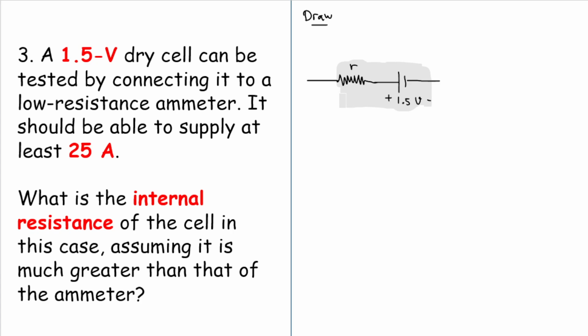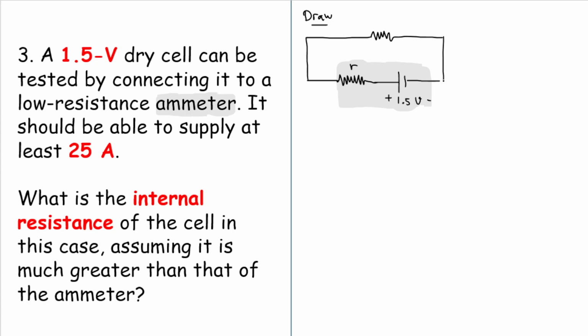And then it is connected to an ammeter, or ampere meter. And it has small or low resistance, right? So we will have this ammeter with small resistance. Okay, and that is our ammeter.